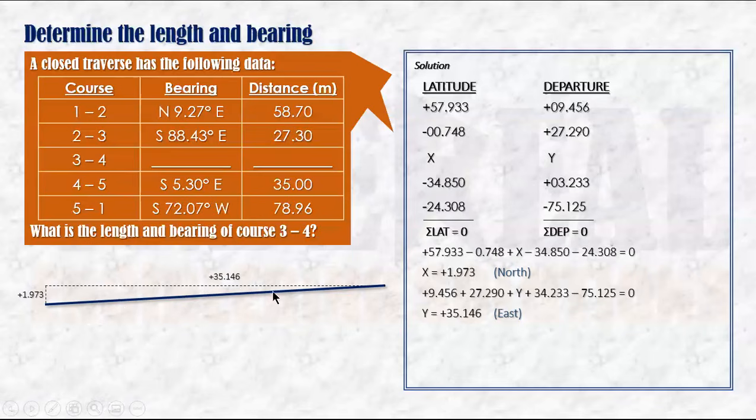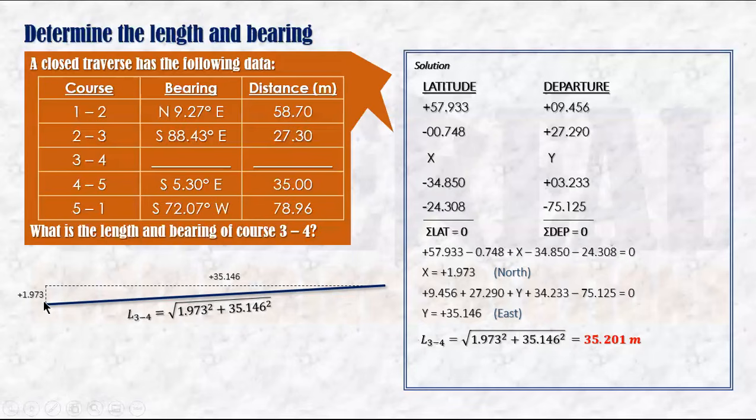And of course, as you can see, this forms a right triangle. So solving for L, we will use the Pythagorean theorem, and that is square root of 1.973 squared plus 35.146 squared. No? And evaluating that, we can get 35.201. So that means that's the length of course 3-4.